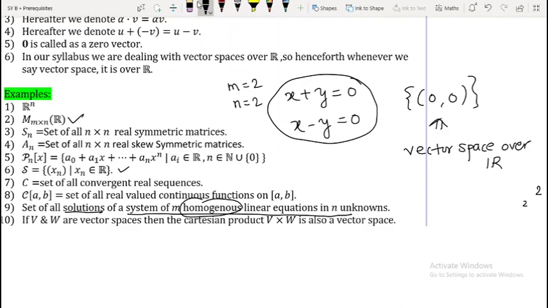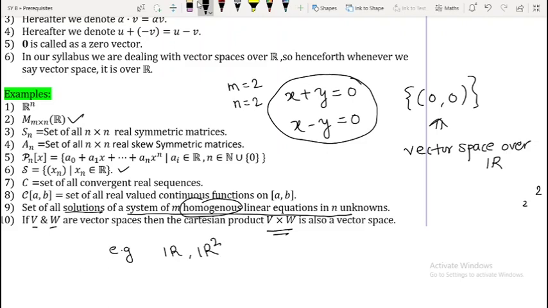Now the 10th example is actually an interesting one. If we are having two vector spaces, then with the help of two vector spaces we can construct a third vector space. For example, R is already a vector space, and R2 is also a vector space.